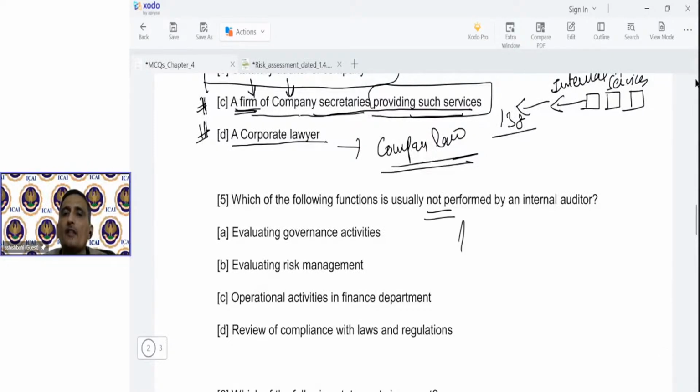You have 4 options. 3 functions are performed by the internal auditor, and 1 out of these 4 functions is not performed by the internal auditor. Now tell me, students, which of the following functions is usually not performed by an internal auditor?